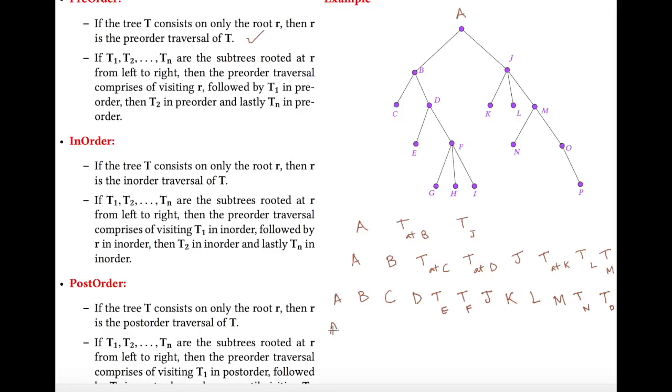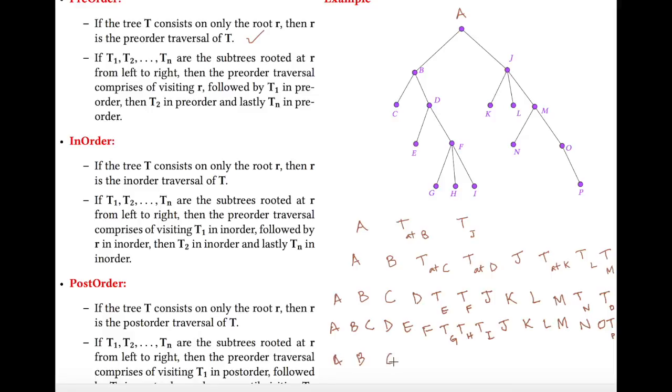So then A, B, C, D. The tree rooted at E is a root itself, so we have E. The tree rooted at F: we have F, then the trees at G, H, and I, and we have J, K, L, M, and the tree at N is just N, and the tree at O is O, and the tree rooted at P. Then we see G, H, I, and P are all roots themselves without any subtrees, so we just copy them.